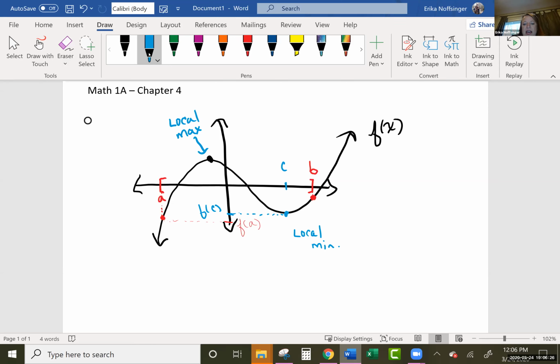So looking at this, we have what are called local max, local mins, and we also have what are called global max and global mins.